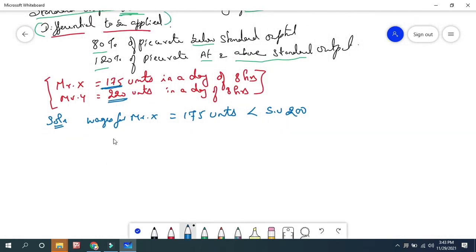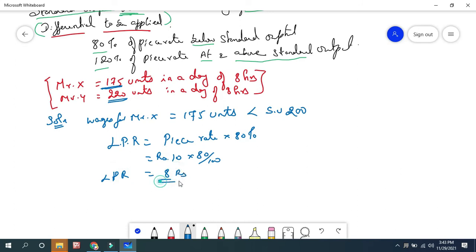So low piece rate is equal to piece rate into 80%, which means rupees 10 into 80 by 100. So we get 8 rupees. LPR, that is low piece rate, is equal to rupees 8, right?